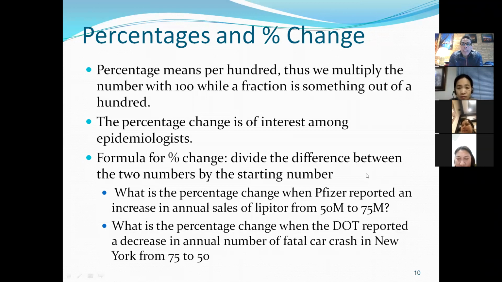So it's important to not just look at the number, but to really calculate the percentage change, because by just looking at the number, it could be misleading and it could be misinterpreted. So that's the take-home message of percentage: making sure that we look at the percentage change rather than the percentages, because it can be misleading sometimes.